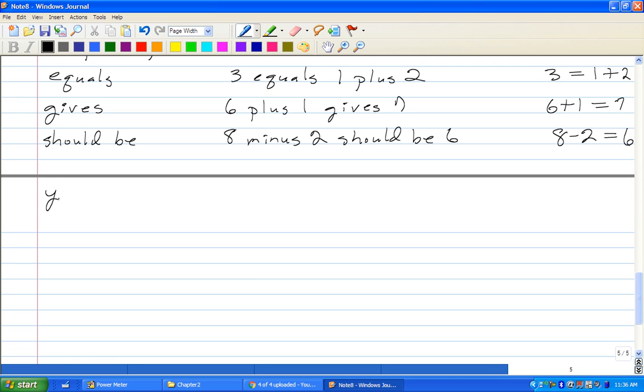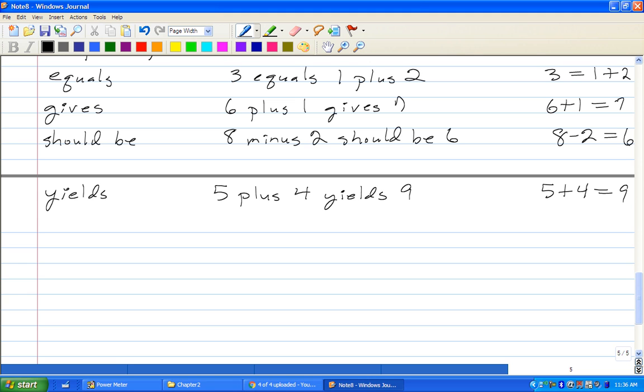Yields: 5 plus 4 yields 9, so 5 plus 4 is equal to 9.